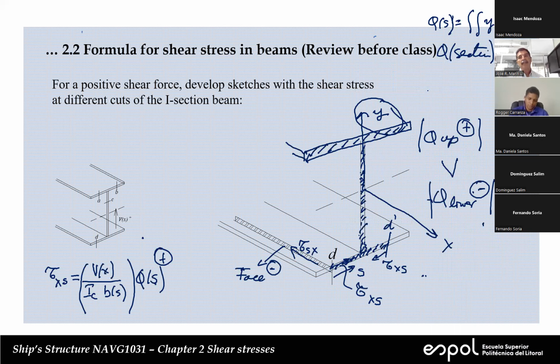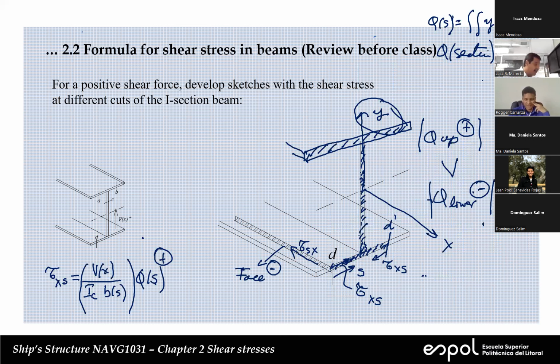What's the result if you integrate this over the whole section? It's 0. It's correct, but why? Do you remember why?